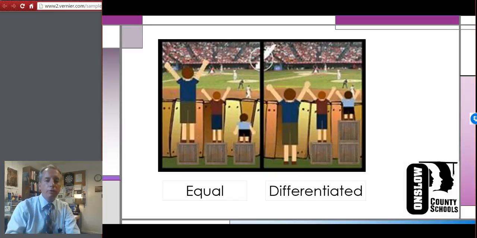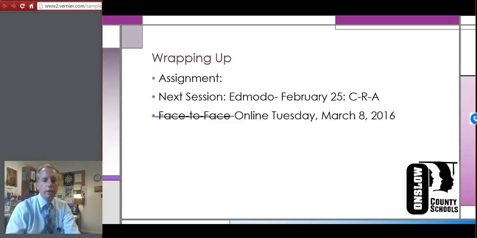We'll remember this visual, hopefully, from each of our sessions, that what's equal is not always fair, and it doesn't give everybody the chance to learn things, and no one is disenfranchised by differentiating something. We're really just making it possible for everybody. We're not changing anything for the person who doesn't need it changed.